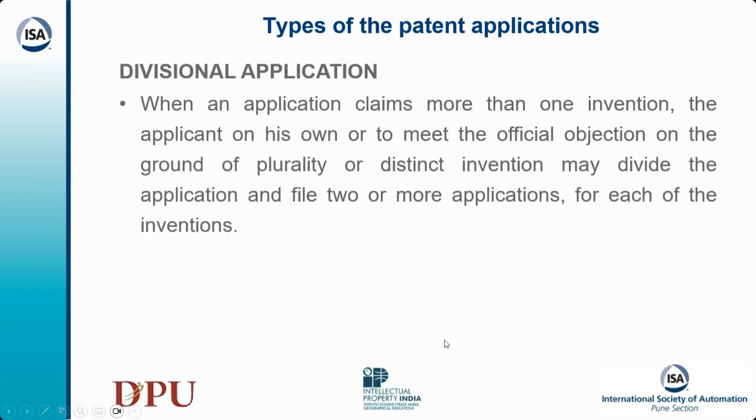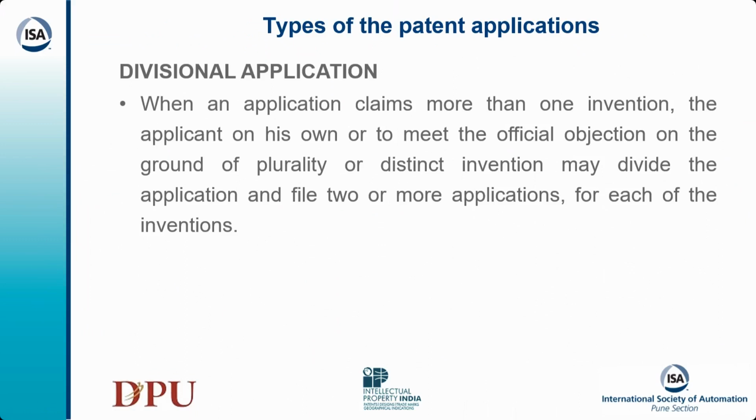Then divisional application is one more type. When an application claims more than one invention, the applicant on his own or to meet the official objection on ground of plurality of distinct inventions may divide the application and file two or more applications for each of the inventions.